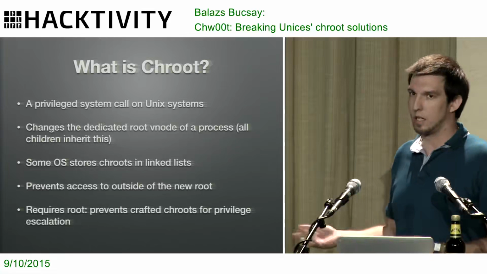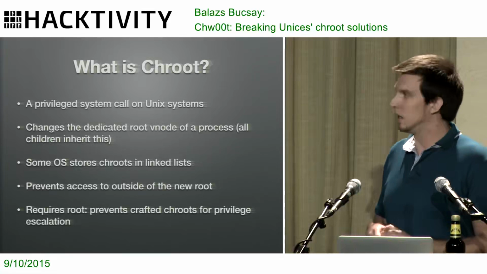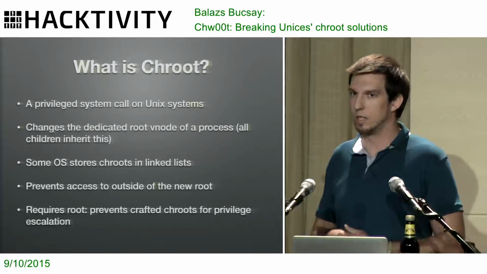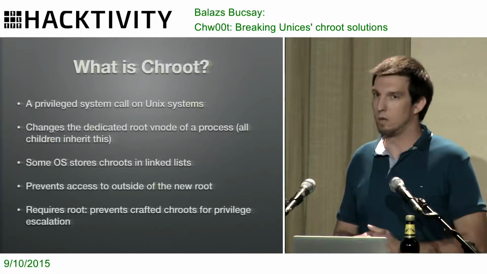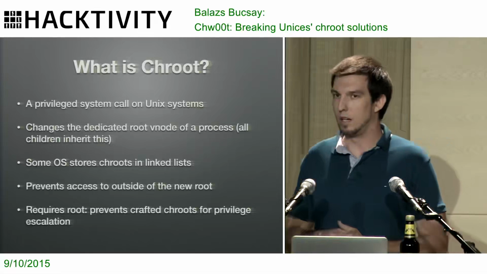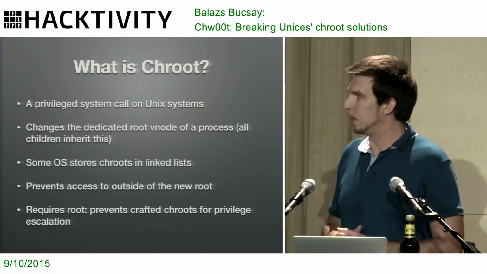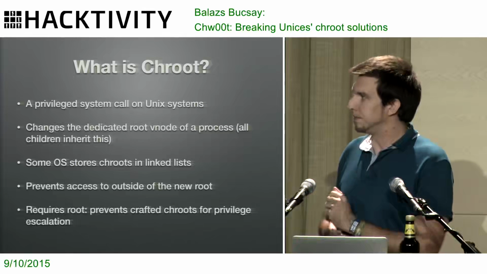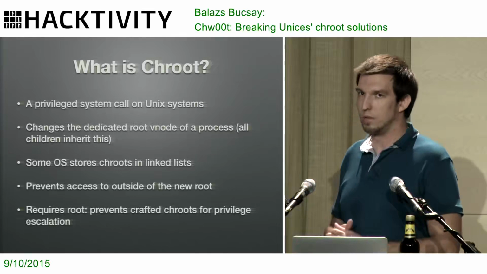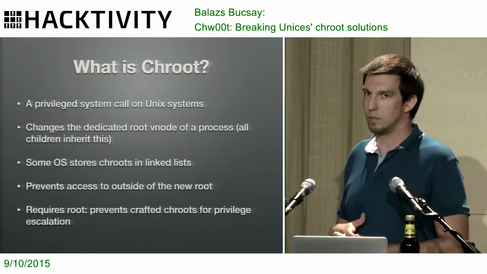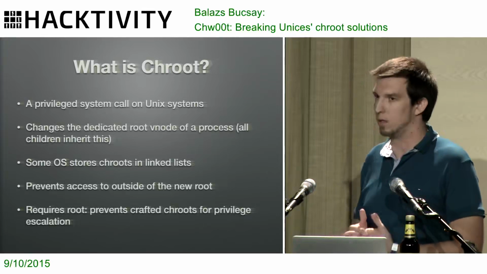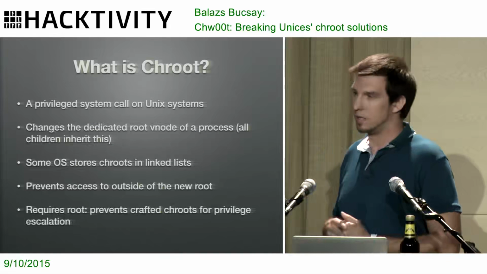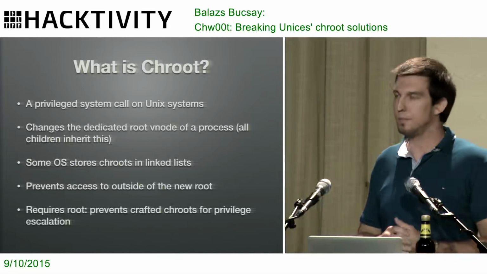You can easily change the current working directory vnode just using the cd command or the chdir system call. It's a little bit harder to change the root vnode of the process because you have to call the chroot system call in the kernel, and that's a privileged system call, so only root can call it.